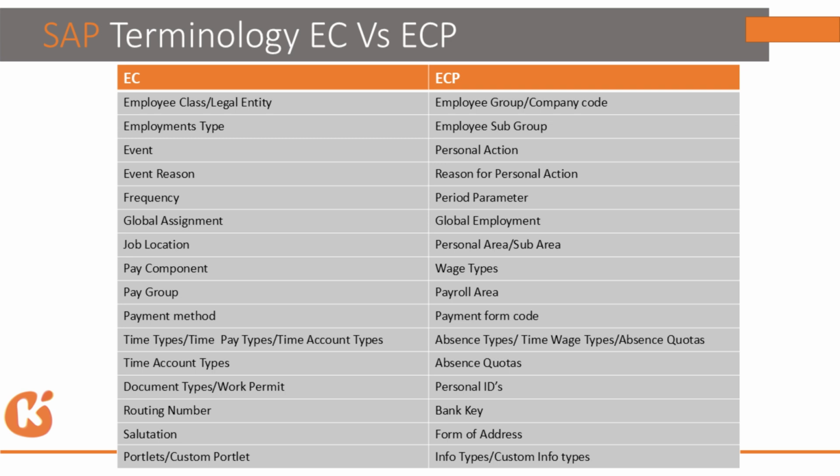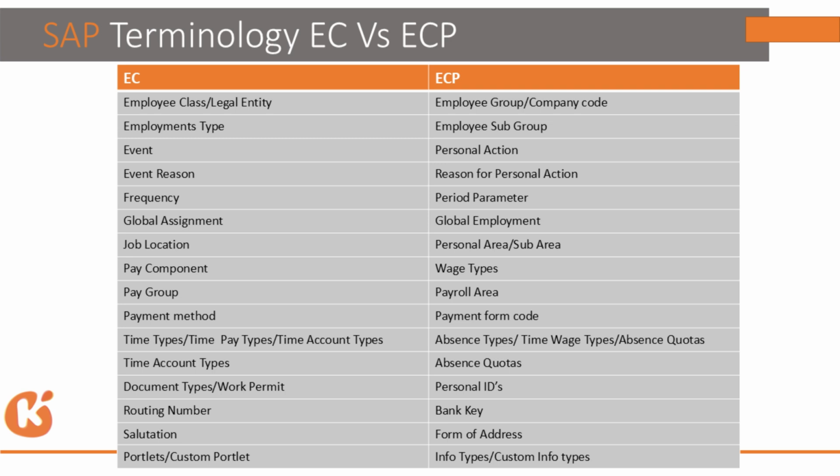So what do you need to consider in ECP? Generally in the implementation, per SAP best practice, we need to start simultaneously and together, meaning SAP EC will start and SAP ECP will also start, so that we can have a discussion about what employee class you are going to create and what employment type you are going to create.